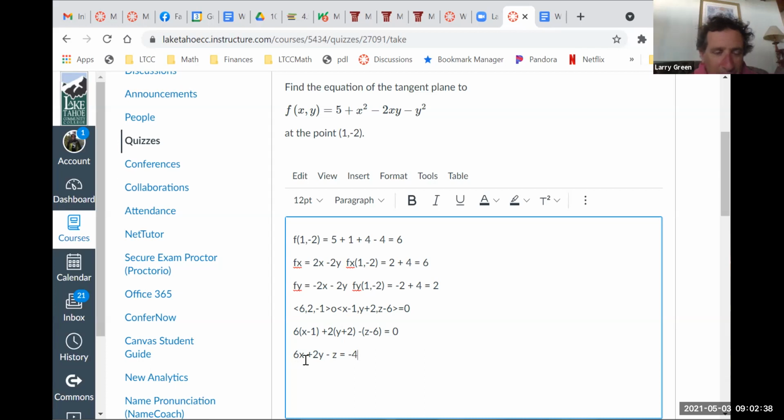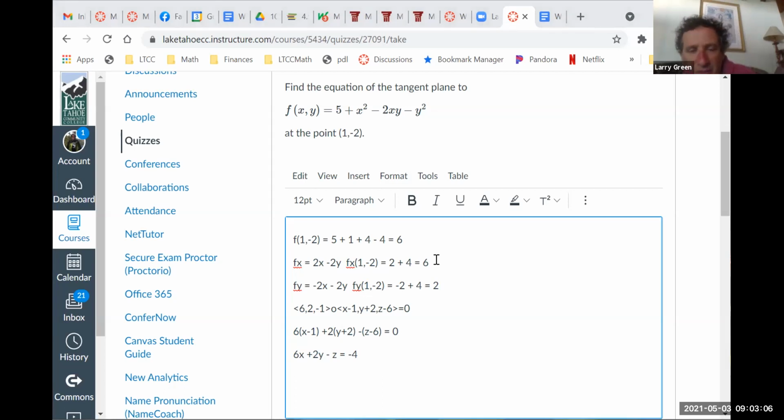So you plug in 1, negative 2, 6, and you better get negative 4. So 6 minus 4 minus 6 is negative 4, and that works. So again, that's not foolproof, but it helps a little bit. Any questions at all on question number 1?